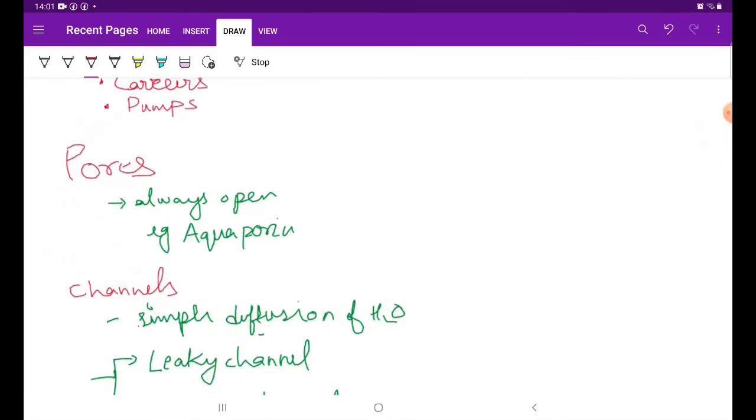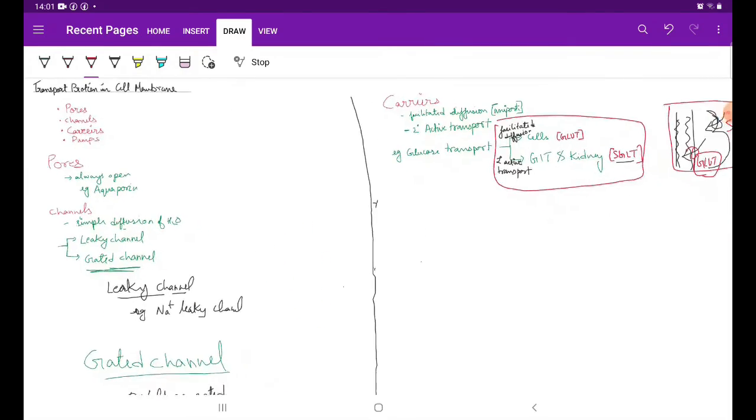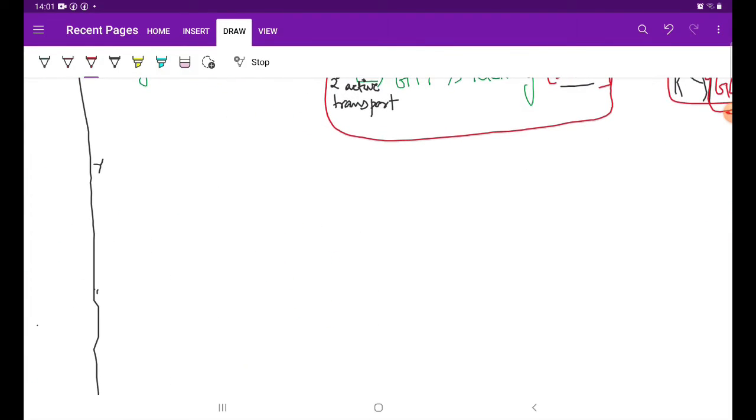Then the last thing, which is the pumps, the last carrier which we have to discuss. Pumps are also called ATPase.